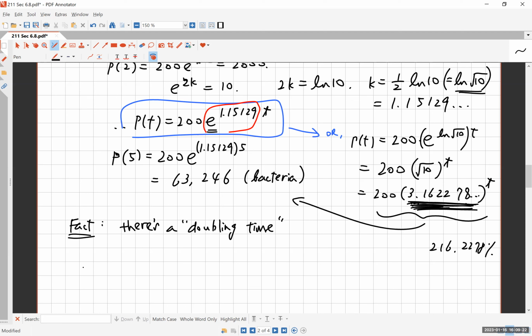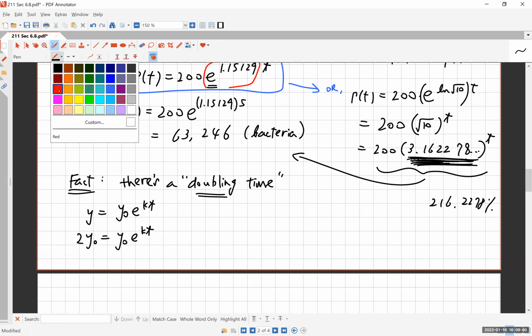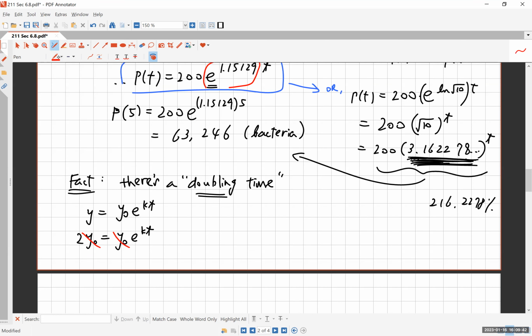Okay, and so let's see, y is equal to y naught e to the kt, right? If you want a doubling time, you want this to be 2 y naught, because this is exactly the double amount of the initial value. And so, of course, you can just cancel this. I'm trying to find the doubling time for any kind of exponential growth, right?